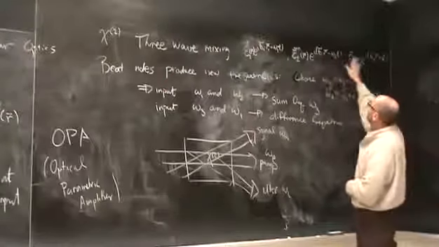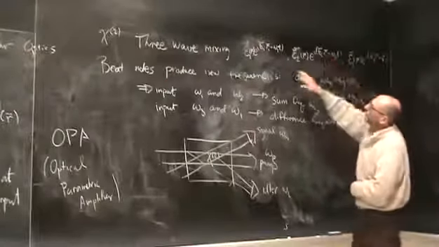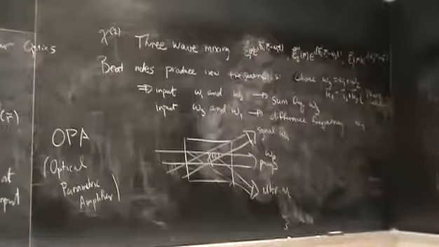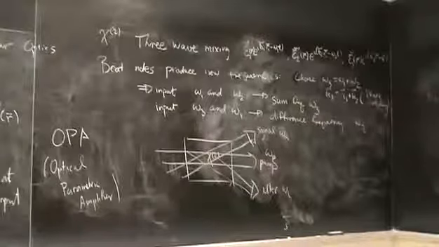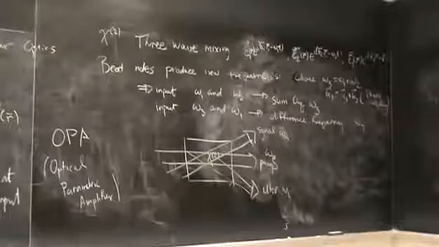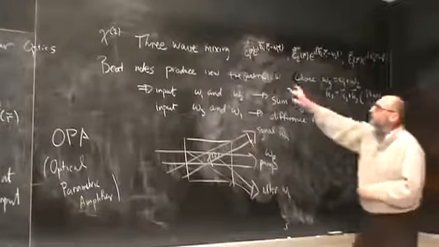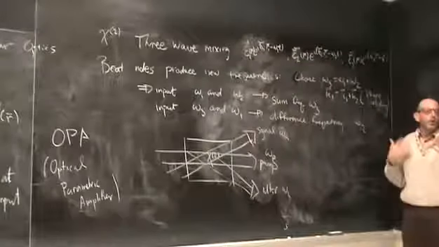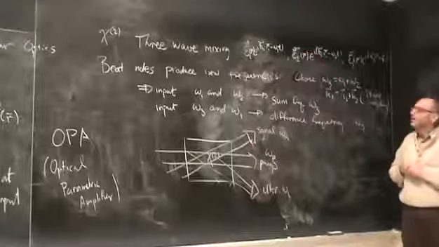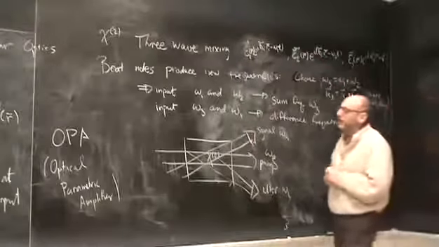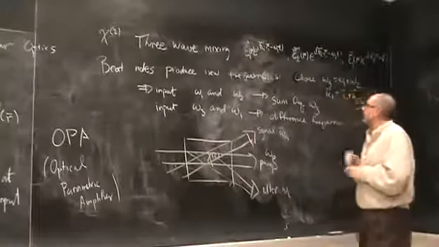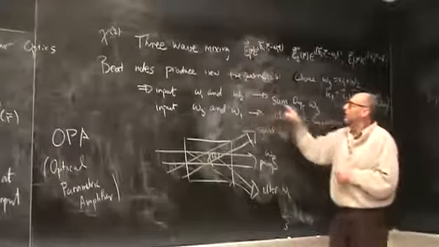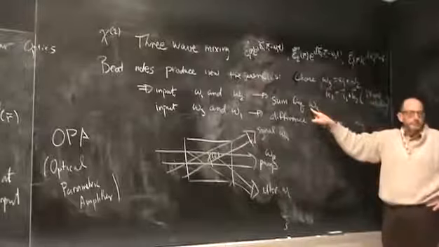We treat them as plane waves with slowly varying modulated amplitudes. Okay? And we derive from Maxwell's equations what the equations for propagation of those amplitudes were. And there are all kinds of different nonlinear processes that can come out. For example, if we inject the two frequencies omega 1 and omega 2, then we would generate the sum frequency.